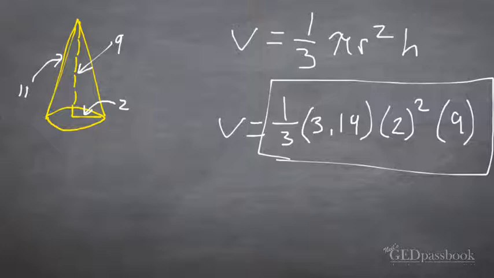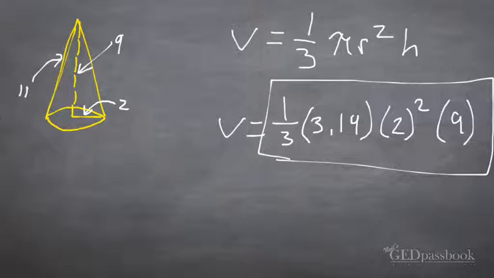So 2 squared first, that becomes 4. Then you do 1 over 3 times 3.14 times 4 times 9. Or if you wanted to, you could do 9 times 1/3 times 4 times 3.14. Same answer.